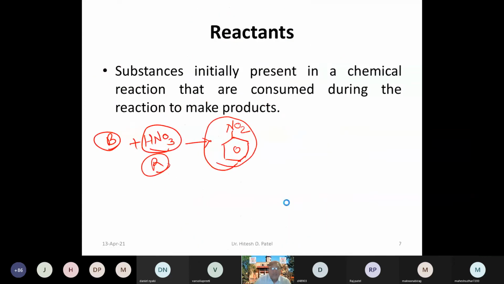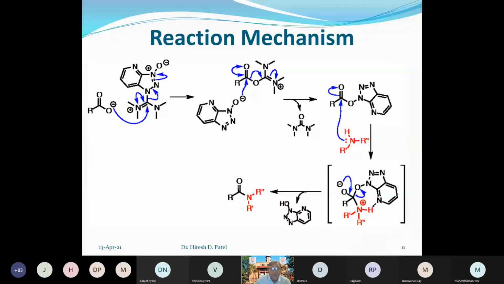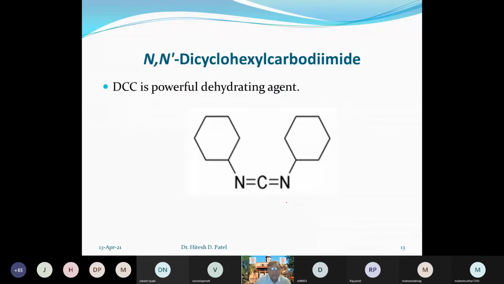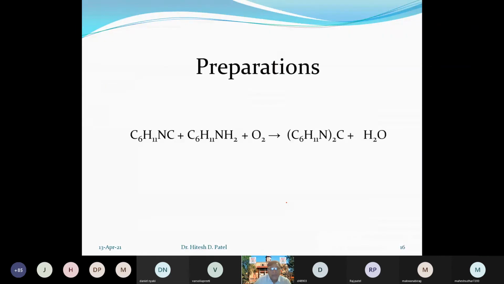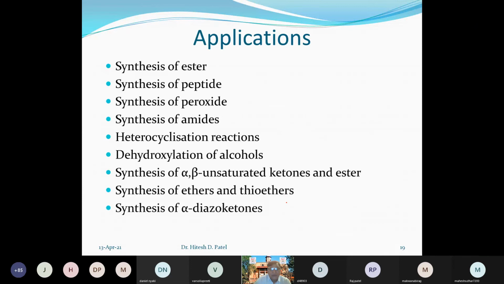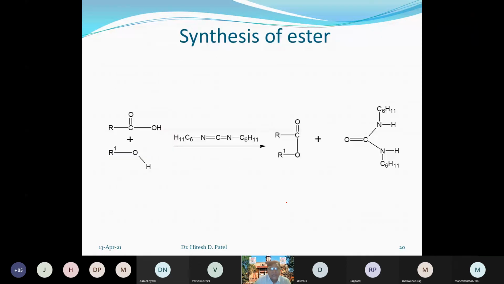Here is a simple example. Suppose you want to carry out an esterification reaction. What do we require? Carboxylic acid and alcohol. This reaction is very familiar.